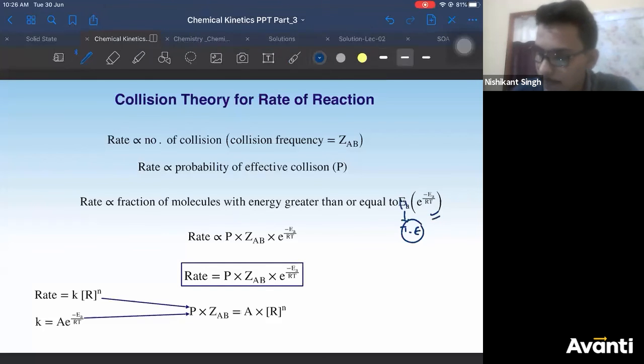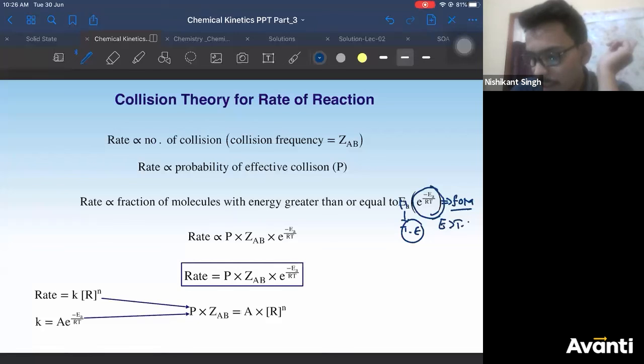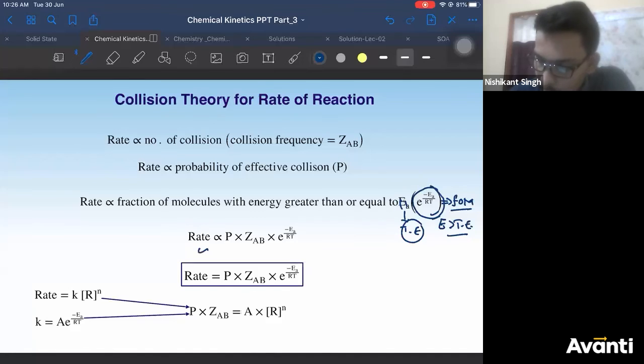So basically this represents the fraction of molecules, which was there in the Arrhenius equation also. This represents the fraction of molecules which have energy greater than threshold energy, right? So the rate of a reaction is directly proportional to that number of molecules. If more molecules have energy greater than threshold energy, more will be the rate of the reaction.